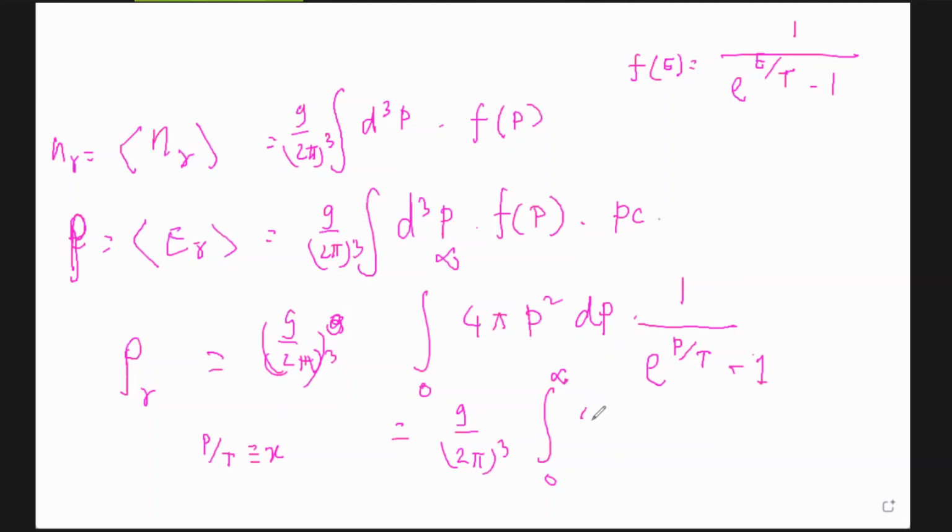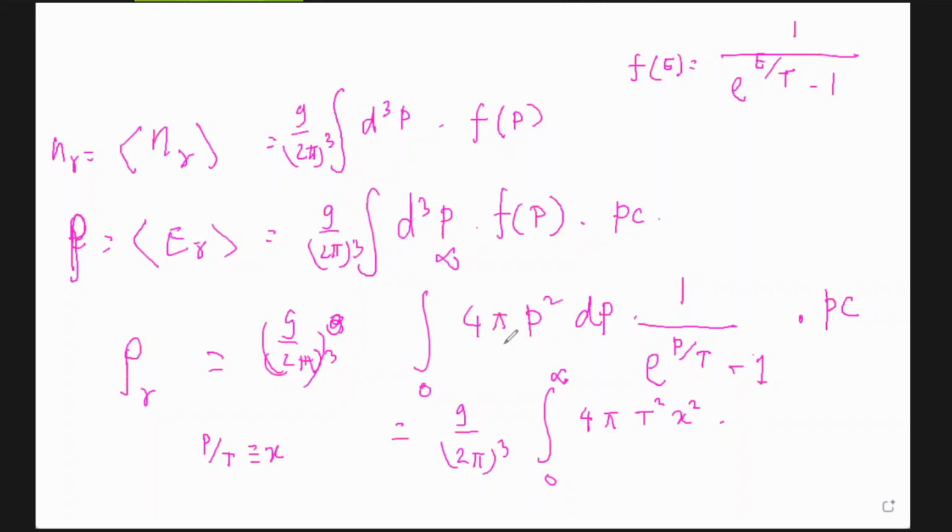Now it becomes 4 pi. What is p squared now, in terms of x? T squared times x squared.